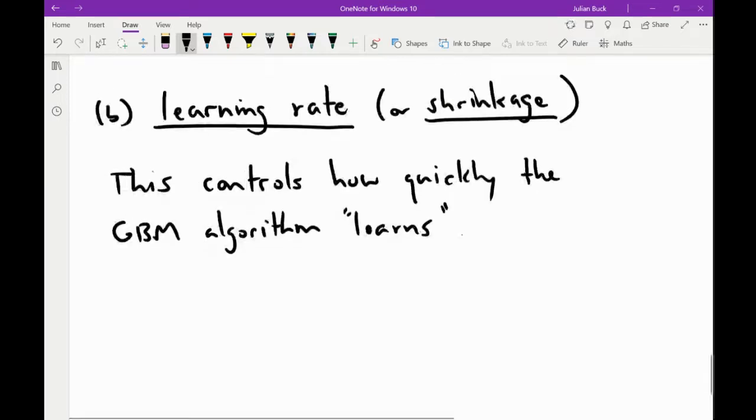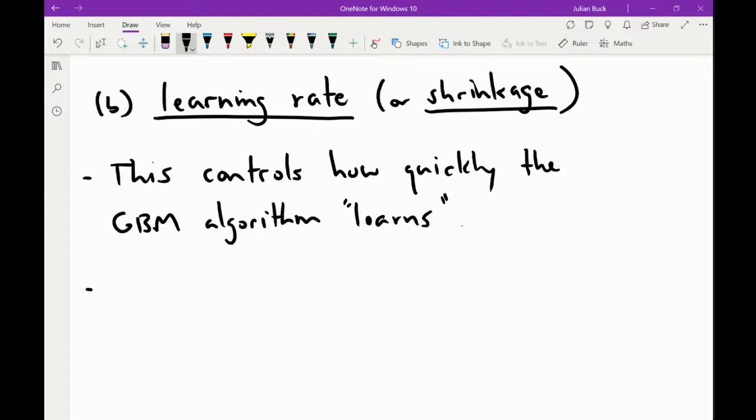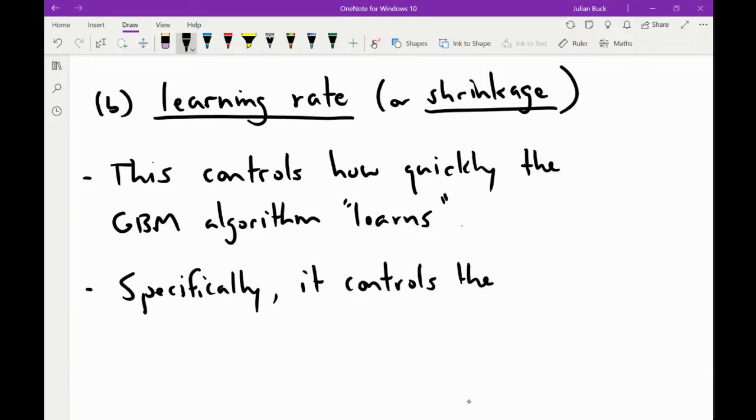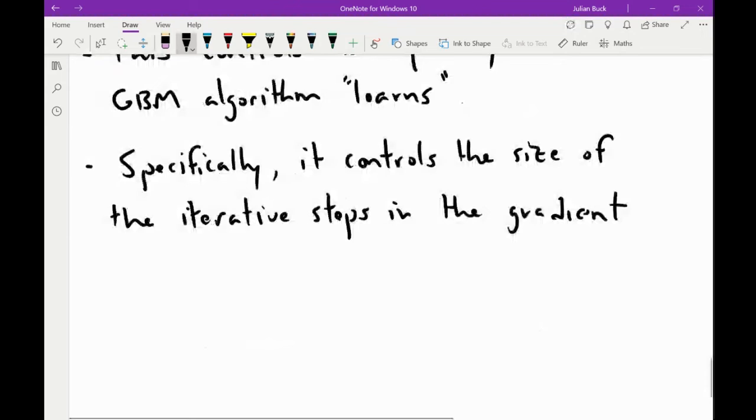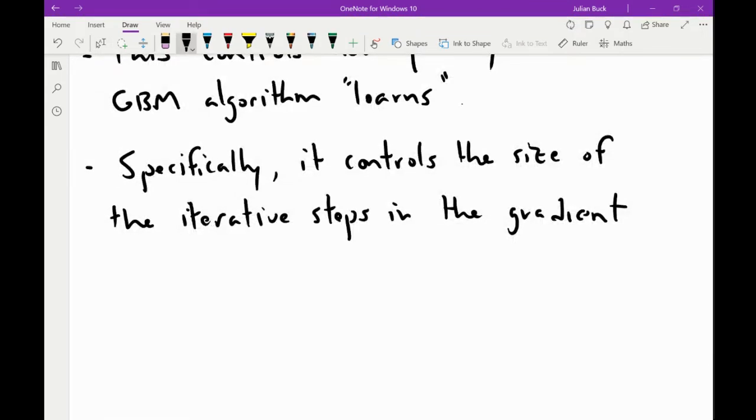But more formally, specifically, it controls the size of the iterative steps in the gradient descent algorithm, which is the mathematical optimization process built in.